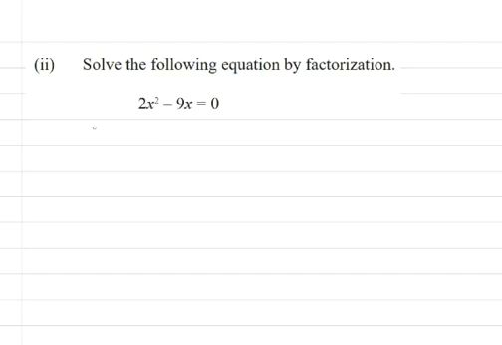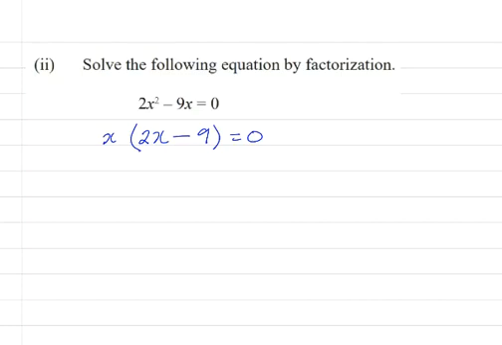x is a common factor, so I can factor out the x. So x into 2x squared is 2x, and x into 9x is 9, and this is equal to 0. Now I'm multiplying x by 2x minus 9 and I'm getting 0.